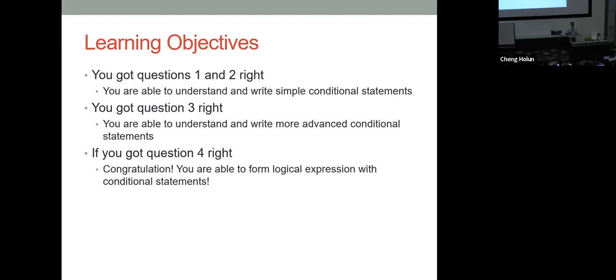If you got question 3 right, I would say you can get a B, because you can already manage some complicated conditional statements. If you are very fast and got the last question right, congratulations, you may probably get an A. Of course, it's not a guarantee, but that is because you can get the logic very precisely with complicated scenarios.